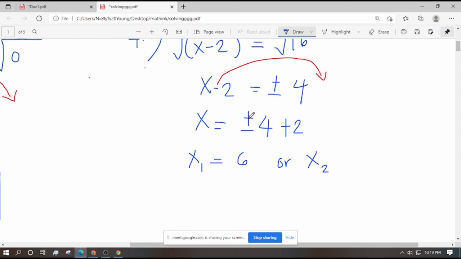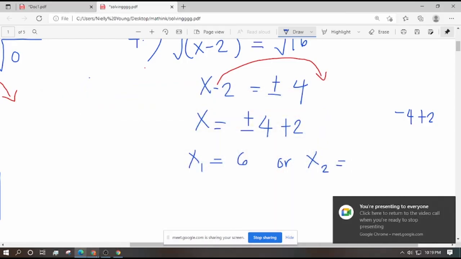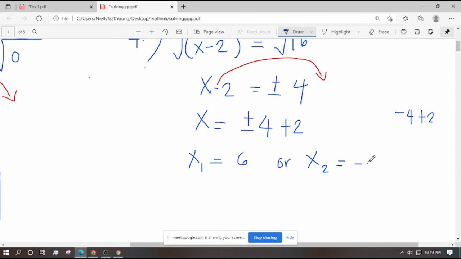Once you are done with the positive, you proceed to negative. Negative 4 plus 2, what is the answer? Negative 4 plus 2 is negative 2. Okay. Why is it negative 2?